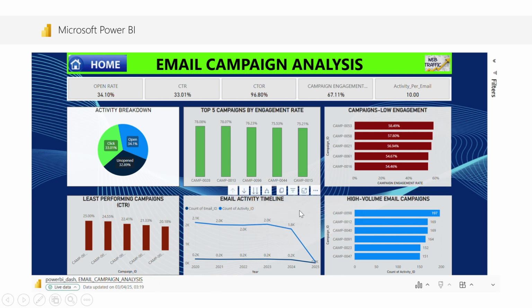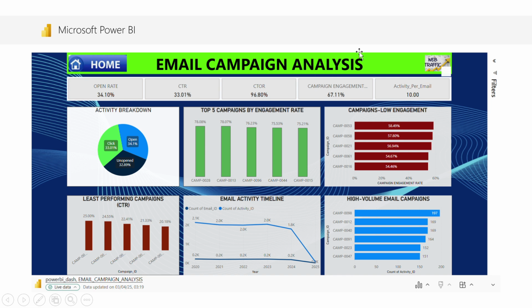And the email activity timeline represents the count of emails and the count of activities per year, from 2020 to 2025. The least performing campaigns have very low click-through rates, and we can see campaign 58 performed the poorest.